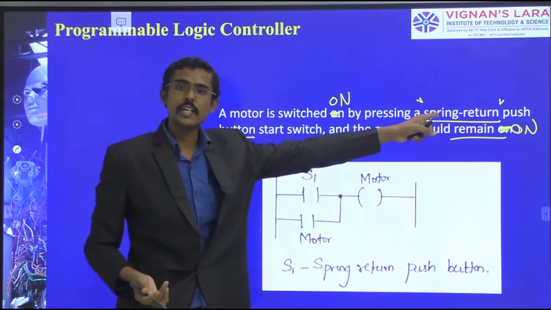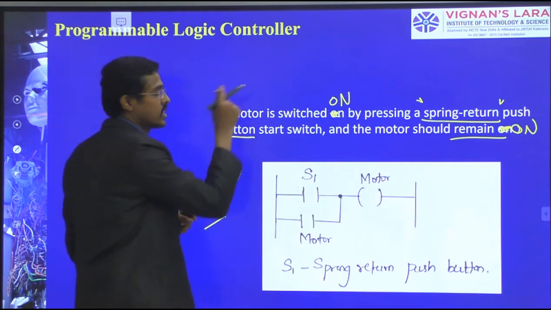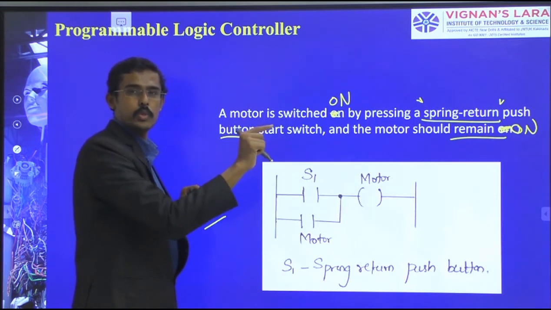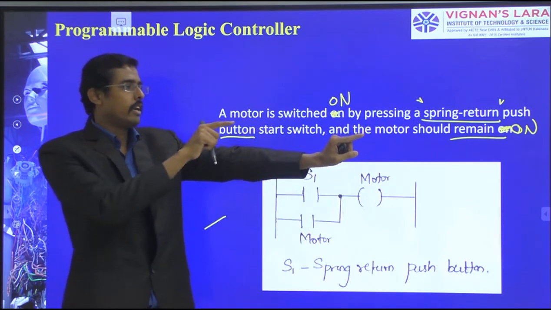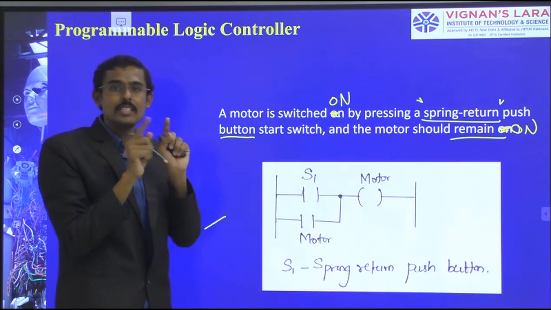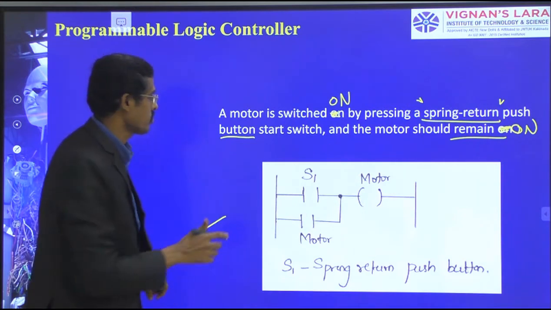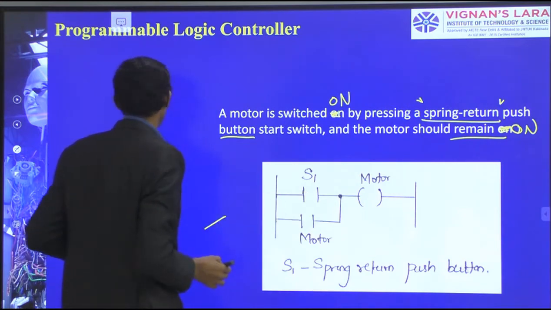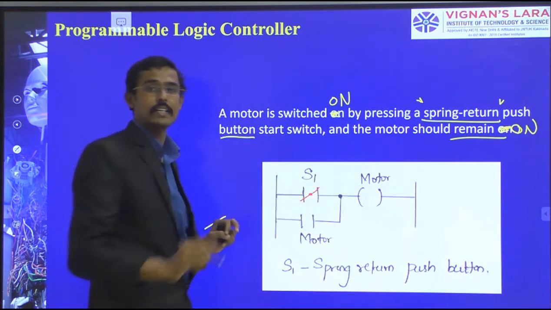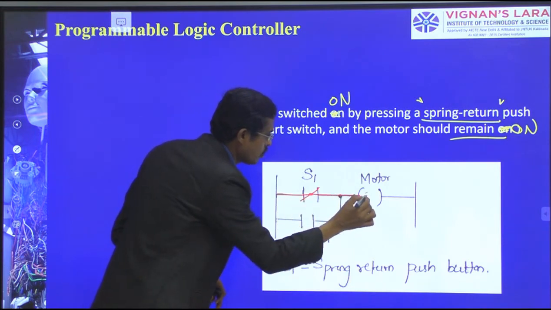Because we have given a spring return push button, it is not a usual switch. When it is pushed, the motor will be on, and when I release it, the circuit connection to the motor will be disconnected. That is the function of a spring return push button. Therefore, when this connection is pushed, it has been connected, and the connection from the power rail reaches the motor.